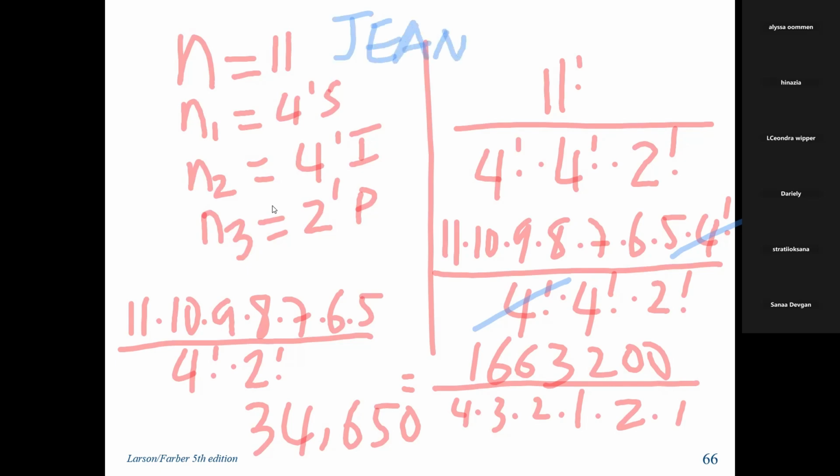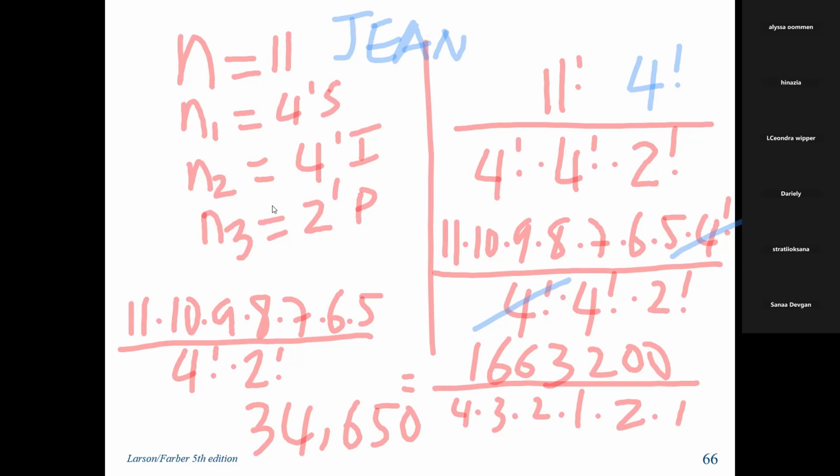How many different ways? Now you can observe no letter repeats, so that will be just 4 factorial. 4 factorial will give you 24. So there are 24 different ways I can arrange my first name. Got it?